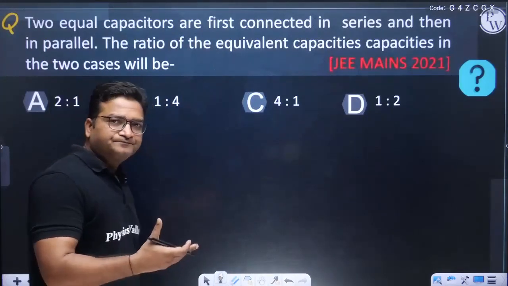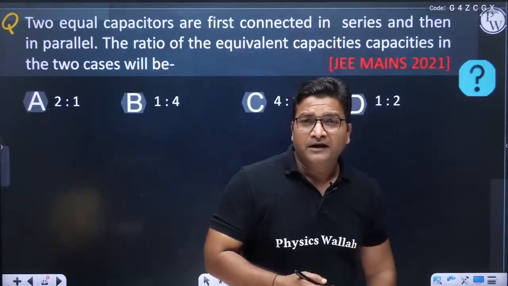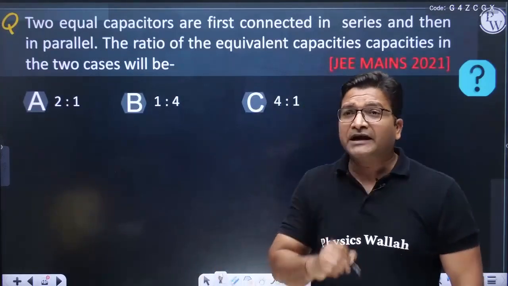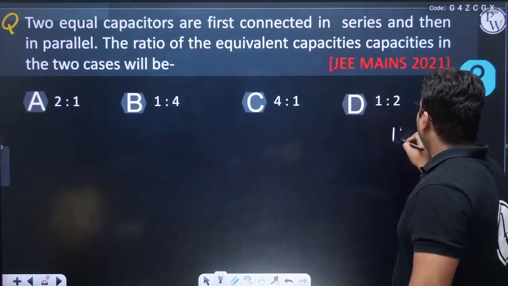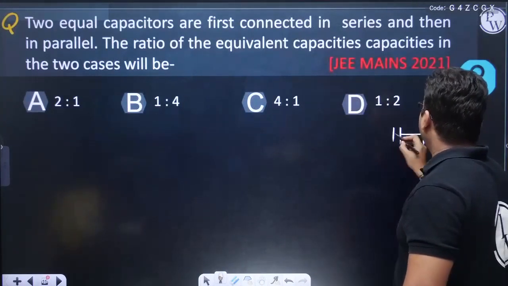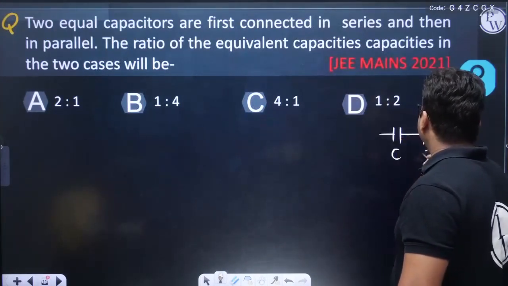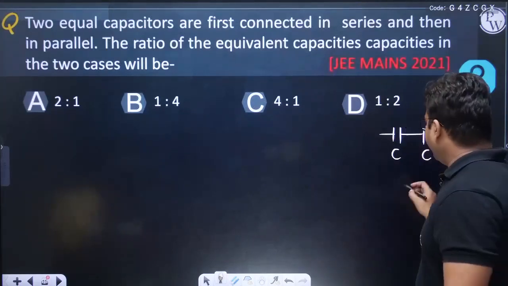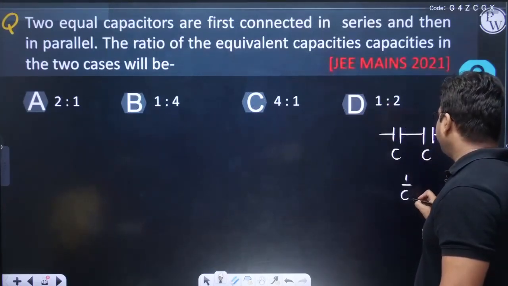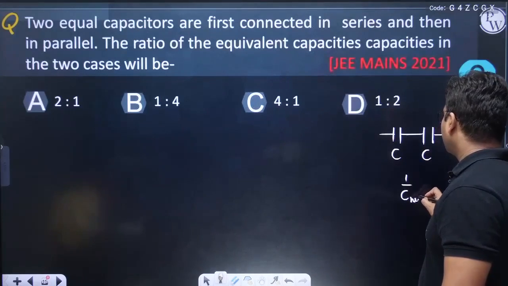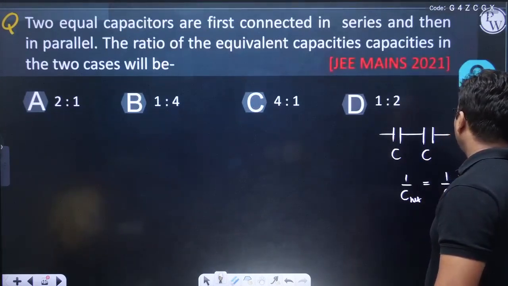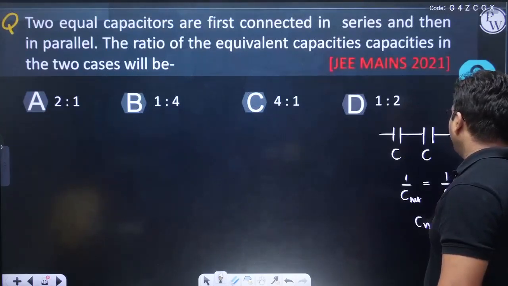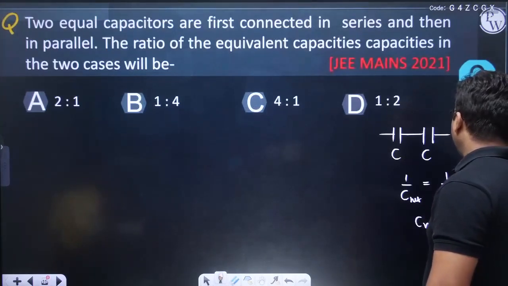So we have this question, and it says two equal capacitors are first connected in series. If two equal capacitors, let's say C and C, are connected in series, the C net would be, 1 upon C net is going to be 1 upon C plus 1 upon C. So C net will be C by 2.